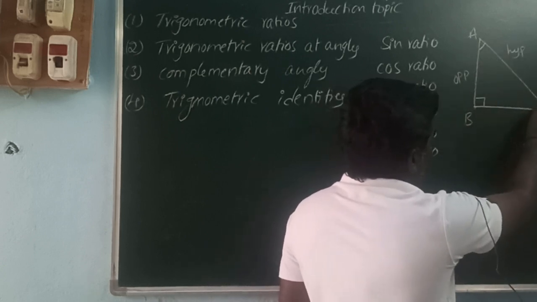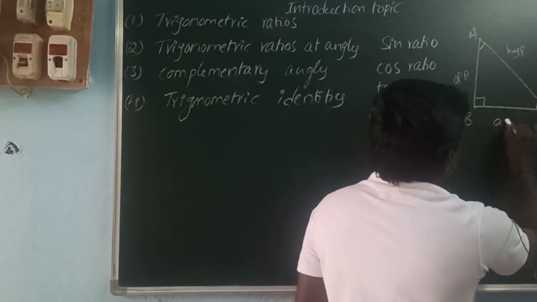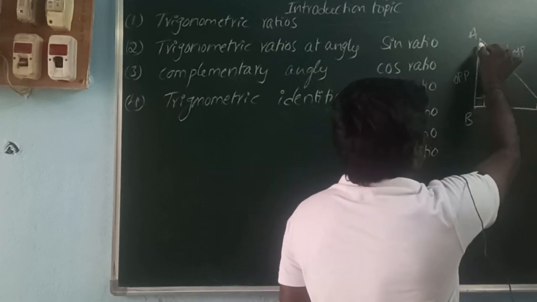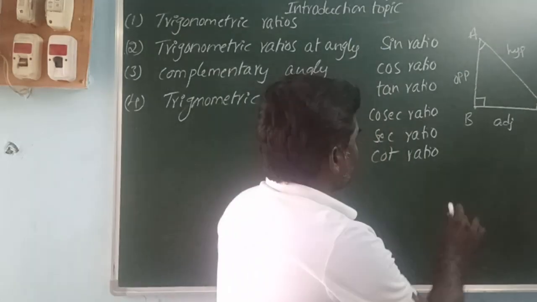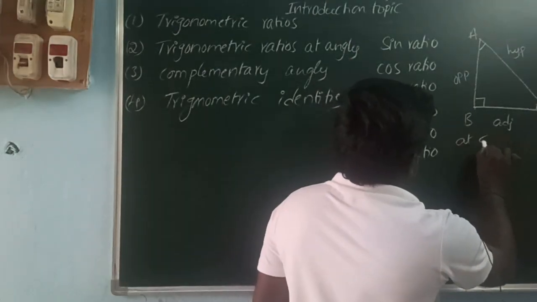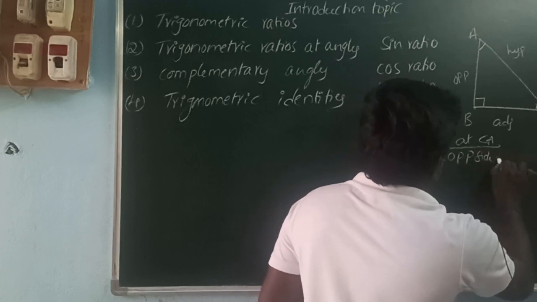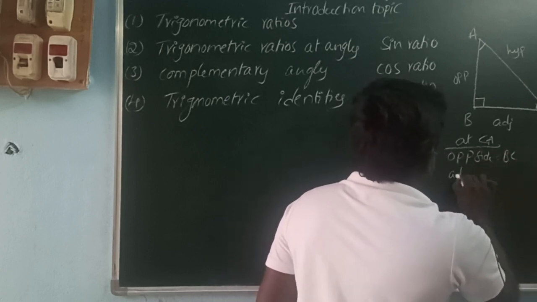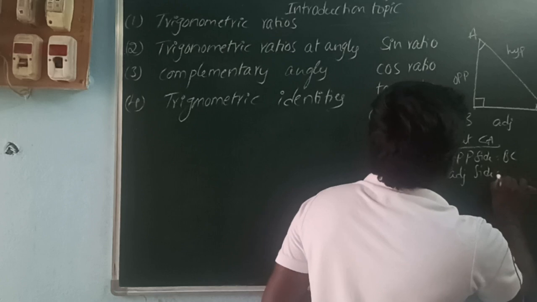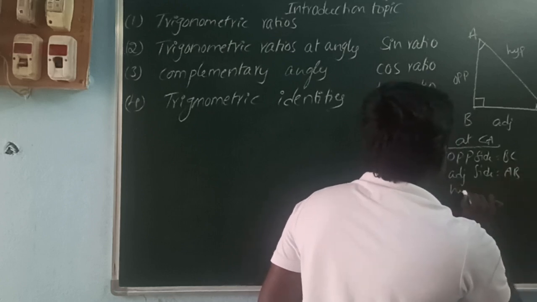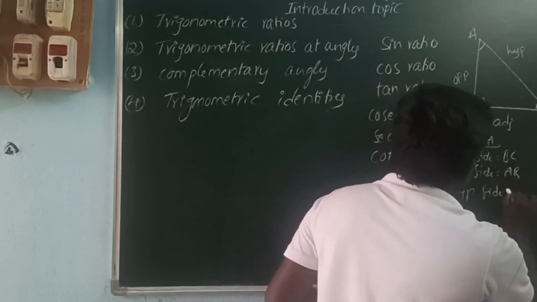BC. So for the angle C, it is the adjacent. For the angle A, it is adjacent. So here at angle A, opposite side is BC, adjacent side is AB, hypotenuse side is AC.